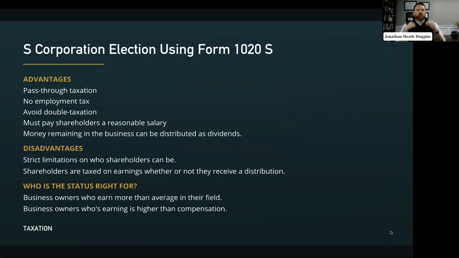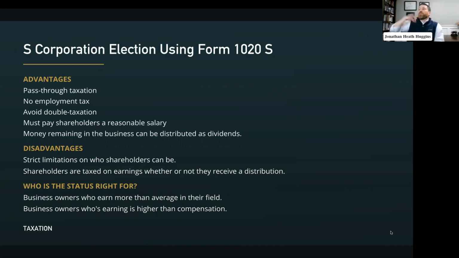Also, an S corporation does have limitations: it's limited to 100 shareholders, and there has to be common shares, all in the same class.